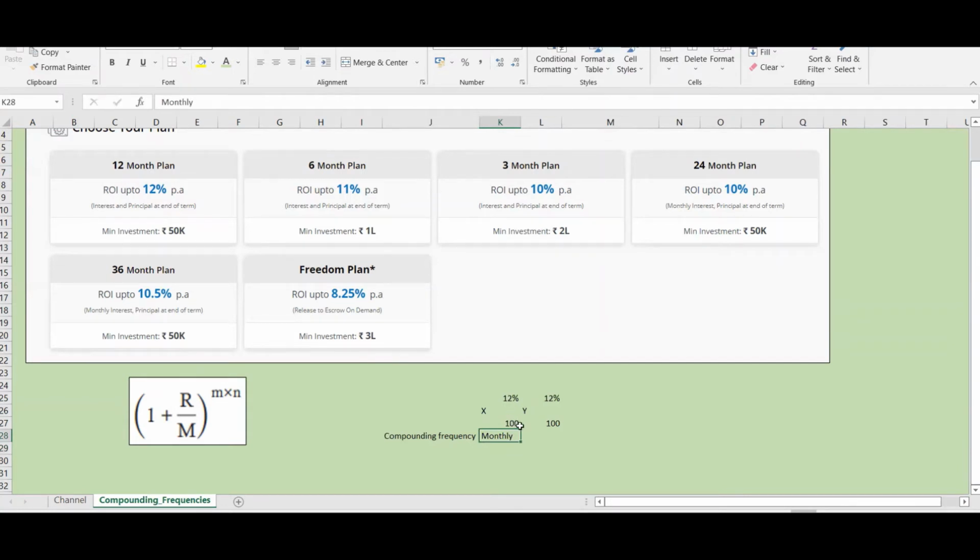That means 1% monthly, so you will get 1 rupee, 1 unit in general, credited in your account. Whereas in option Y, you will directly get 112 at maturity of 1 year. So the frequency of you getting interest is annual. So let me write monthly and annually.